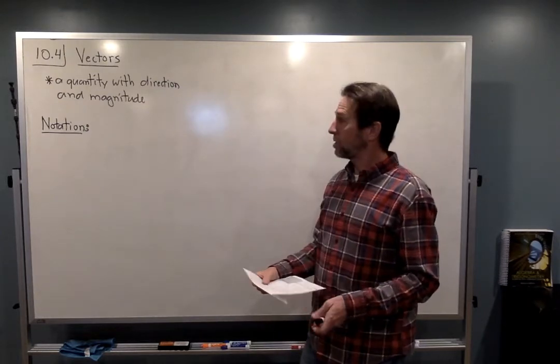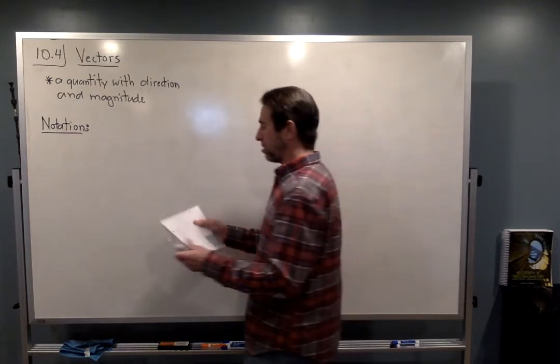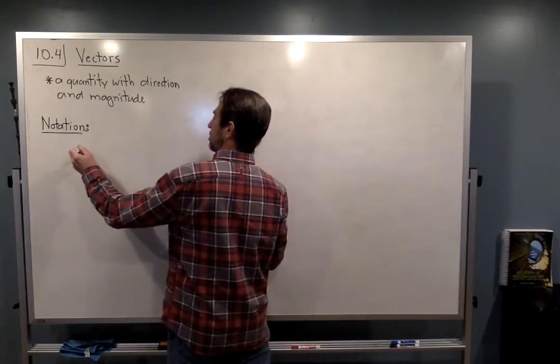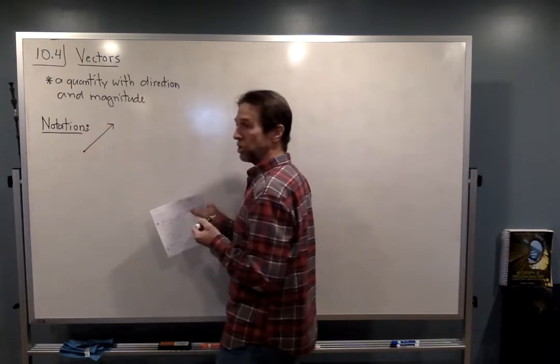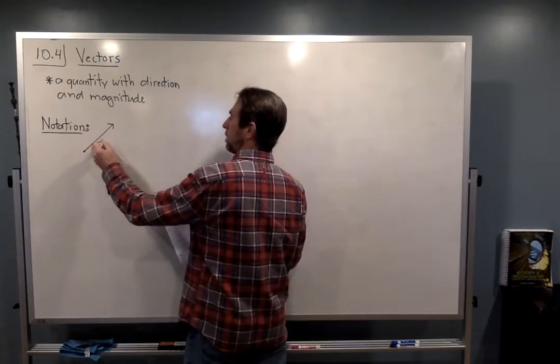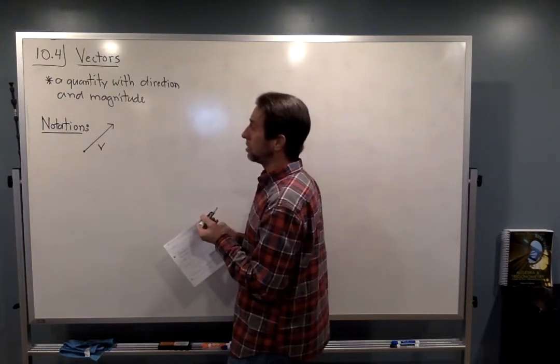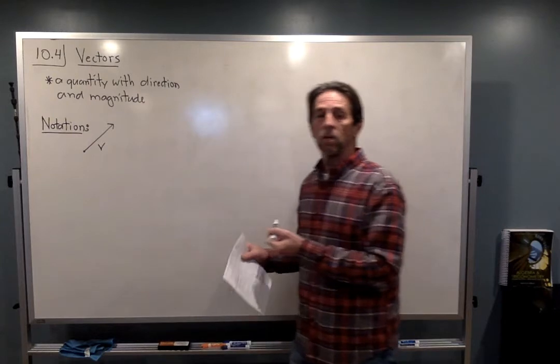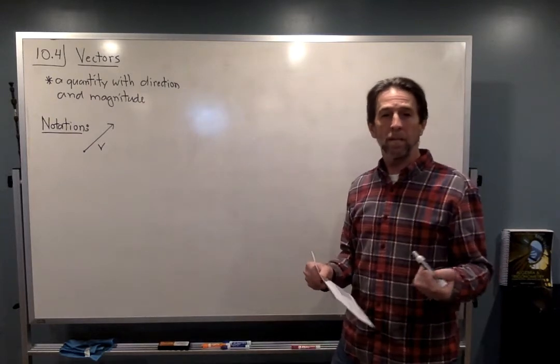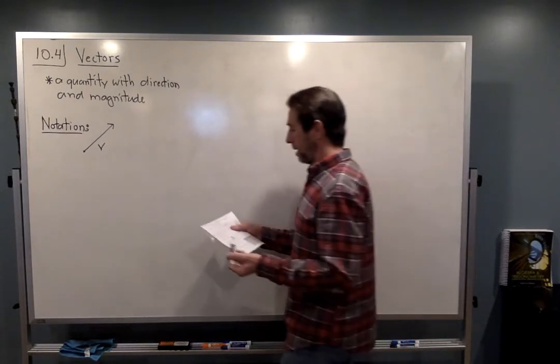First of all, let's talk about some of the notations. We have various notations for a vector. It could be as simple as this little ray type situation. Many times we're going to be denoting vectors as lowercase letters. We usually use v, u, maybe r, s, t, some of the latter parts of the alphabet.